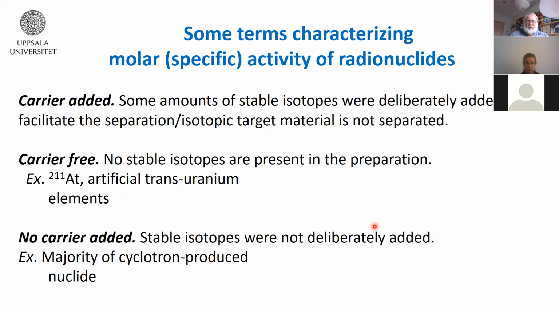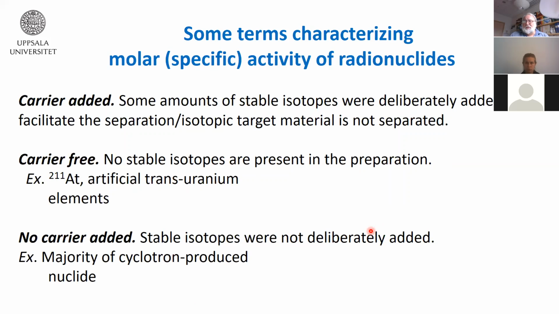So that means that it does not contain a single atom of stable isotope, which is unfortunately never true. We always have some contamination with stable nuclides, and there are only a few exceptions. For example, artificial transuranium elements.